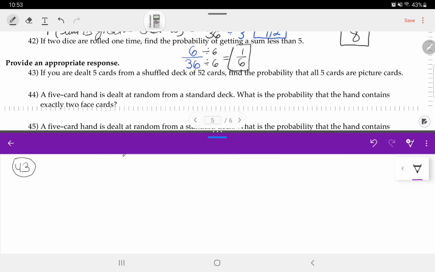Now, before I get into that, I want to restate the theoretical probability formula. The probability of an event equals the number of ways the event can occur divided by the total number of outcomes in the sample space. My event is specific, and it's usually the question being asked.